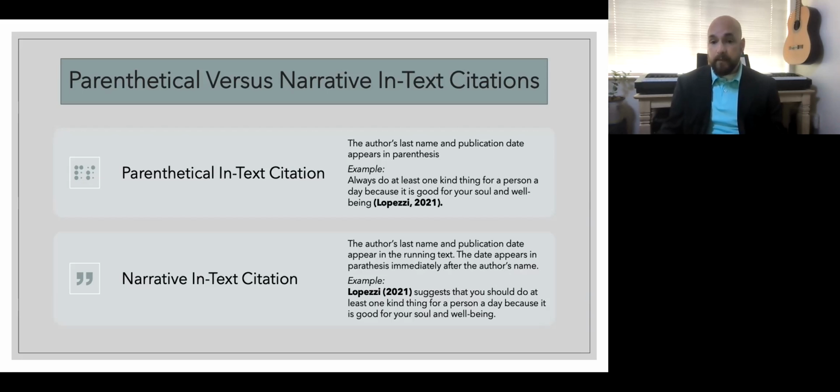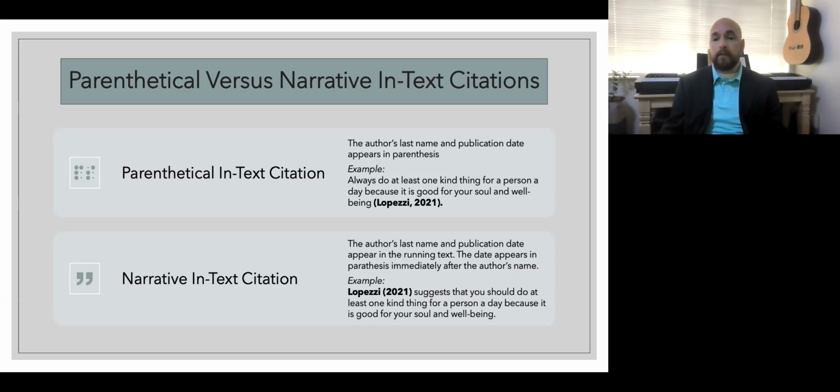And in a narrative in-text citation, the author's name is incorporated somewhere in the sentence. However, in this case, only the year is in parentheses. There are other ways of doing narrative in-text citations, but this is the most common one. Let's look at an example.